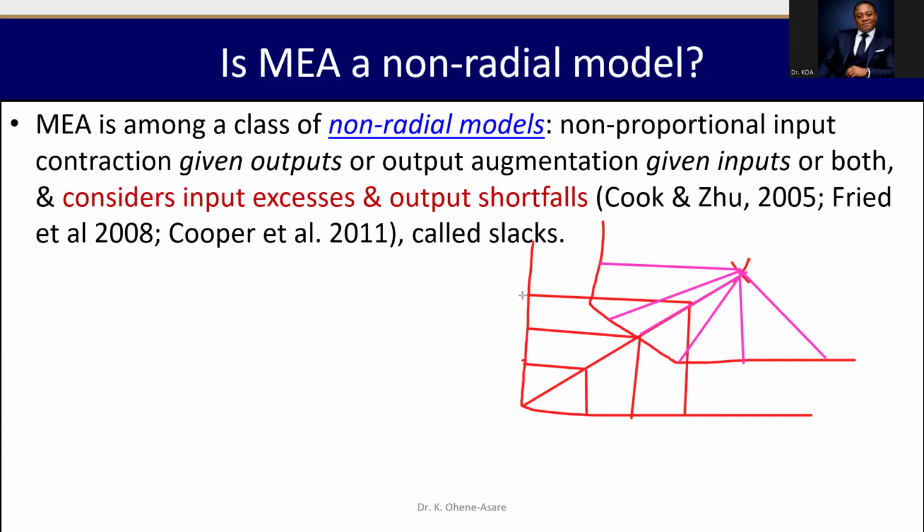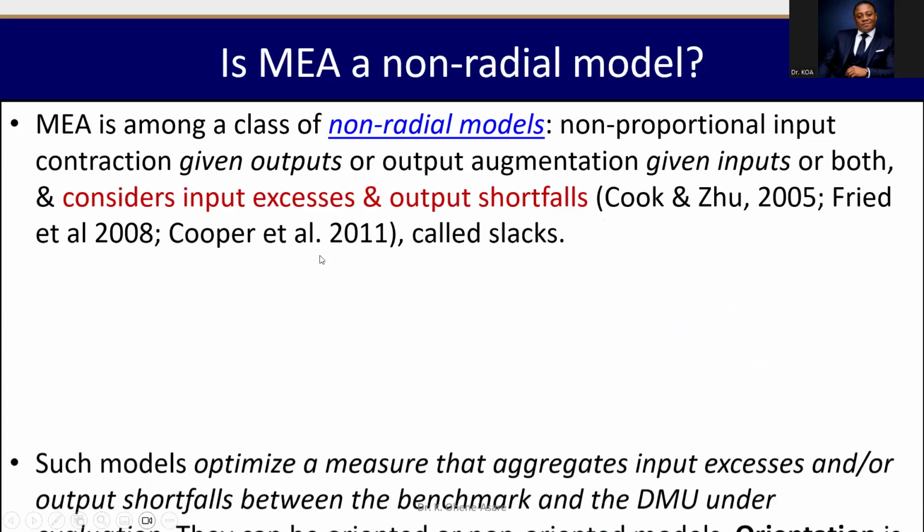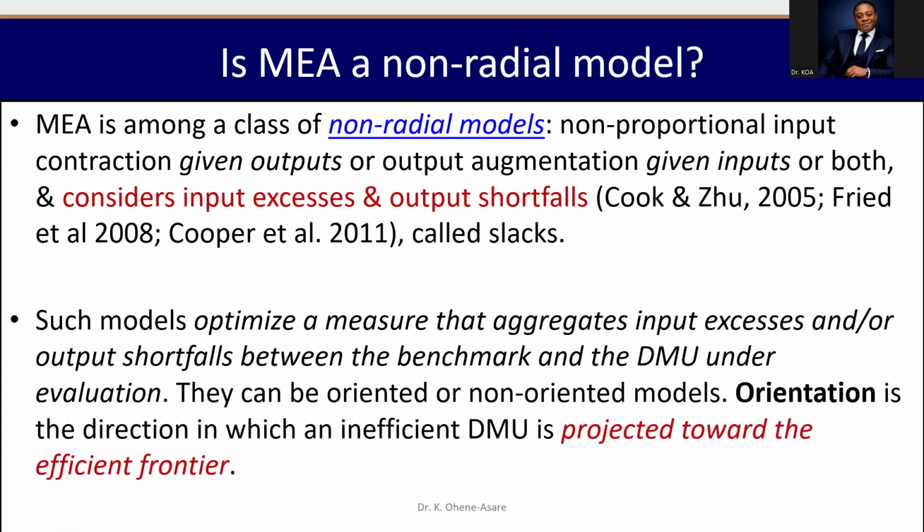And these are known as slacks. So non-radial models capture slacks. Such non-radial models are able to optimize a measure that aggregates input excesses and output shortfall between the benchmark and the DMU under evaluation.